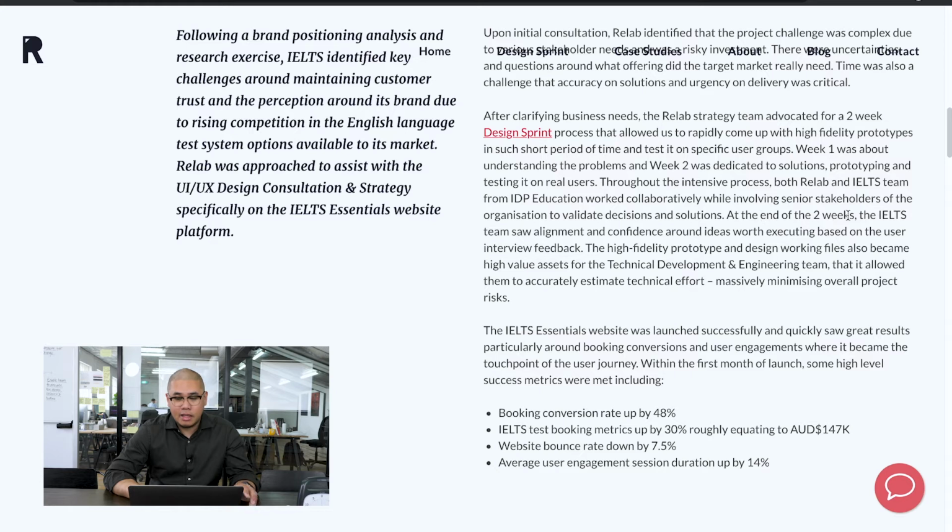At the end of the 2 weeks, the IELTS team saw alignment and confidence around ideas worth executing, based on the user interview feedback. The high-fidelity prototype and design working files also became a high-value asset for the technical development and engineering team, who weren't Relab, by the way. They have their own engineering team overseas that works on the project for a longer term, but because of the handover process and the files and prototypes that we worked on, it allowed them to accurately estimate their own technical efforts, massively minimizing overall project risks.